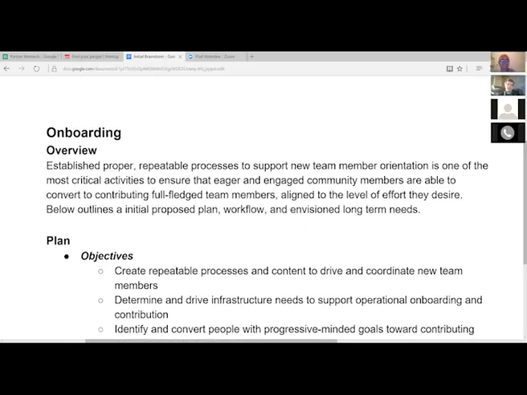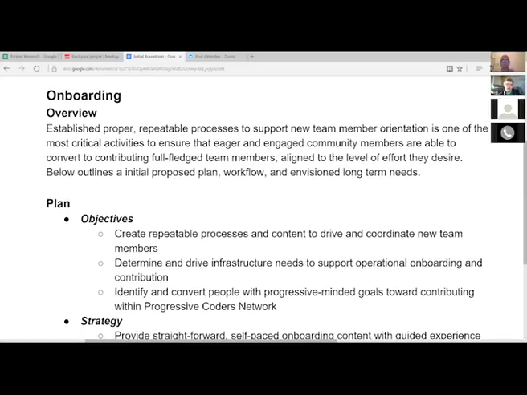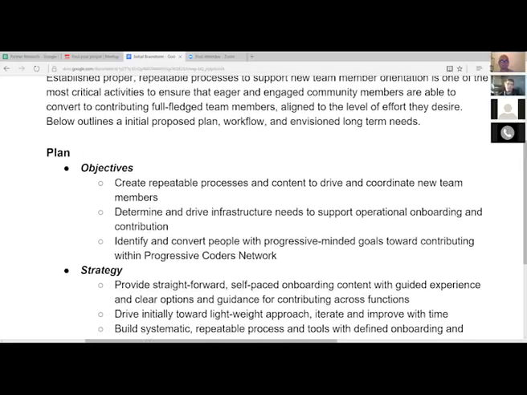Anyways, the objective, so like I mentioned, the repeatable process. Also, a key thing is that we're determining and driving just different needs that we'll have along the way to help bring this to fruition. And ultimately, it's really about identifying and converting people with progressive-minded goals, as we all have, toward contributing within this network.